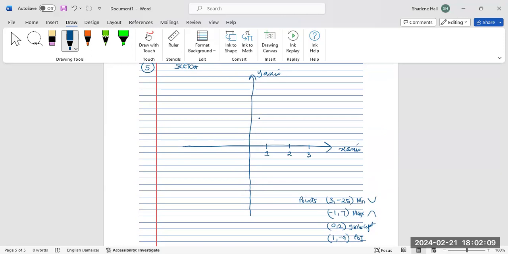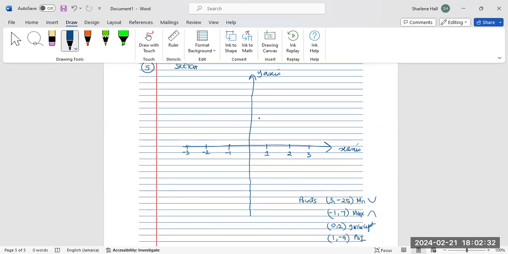Negative 25. Where do I go with that? So it's a sketch. All right, let's call this negative 1, negative 2, negative 3.